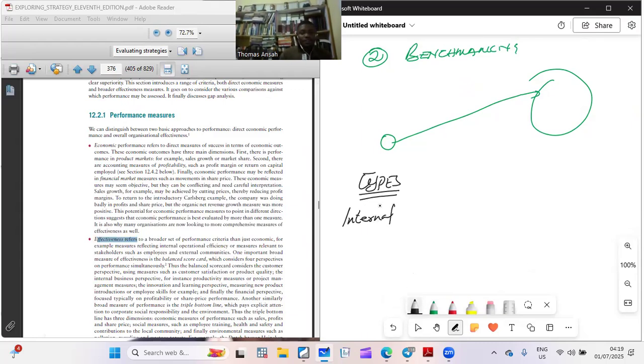Internal benchmarking. So what is internal benchmarking all about? You will check your past performance, your performance over time. And when you are looking at the performances over time, you will see that there is one particular year you did so well. All right. So you will pick that one particular year you did so well as a standard of what you are supposed to meet.